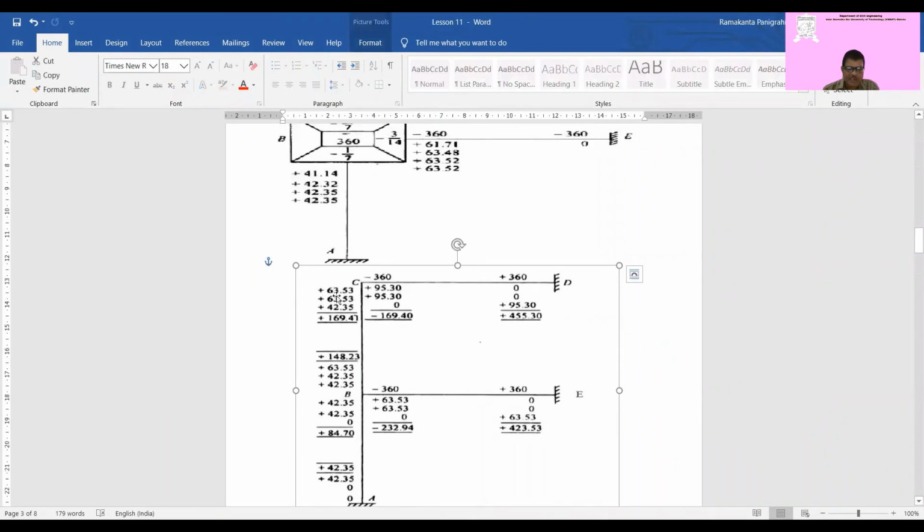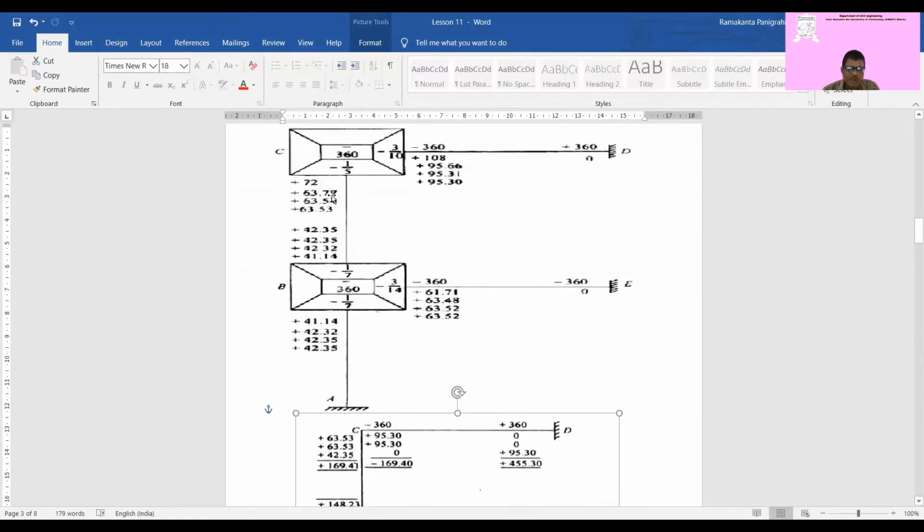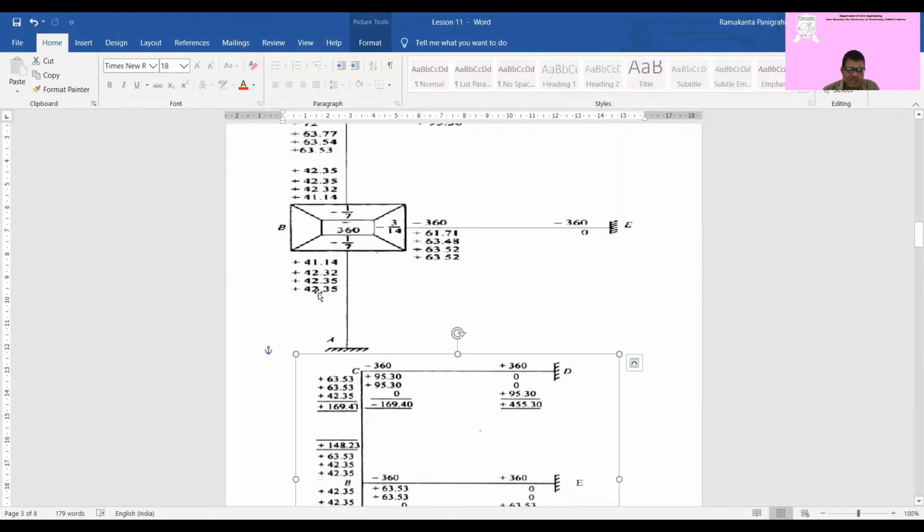Okay, at the joint C, you'll find the fixed end moment is minus 360. Then plus 2 times the near end moment 63.53 and the far end moment is plus 42.35. You see here for this the far end moment is 42.35. Similarly for this the far end is A, so 0, near end is 42.35.